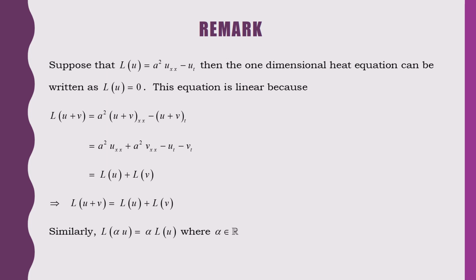Similarly, we can show that L(αu) = α L(u), where α is a real number. Since the partial differential operator L satisfies these two properties, L(u + v) = L(u) + L(v), and L(αu) = α L(u), we say that L is a linear operator.